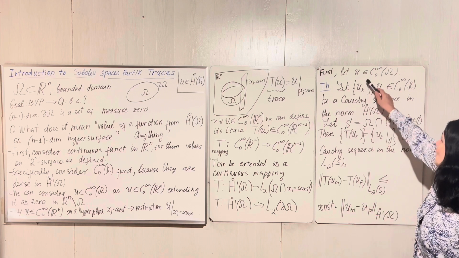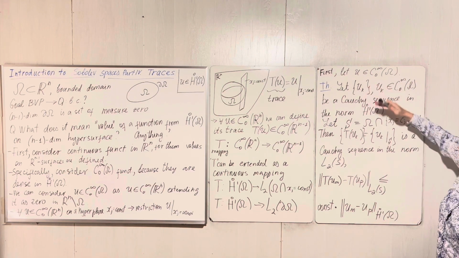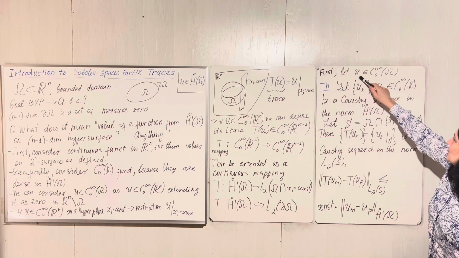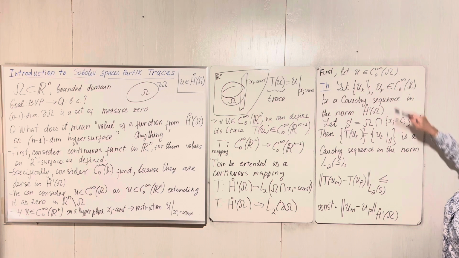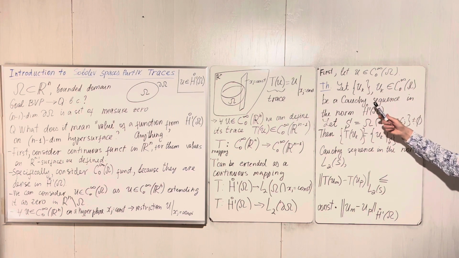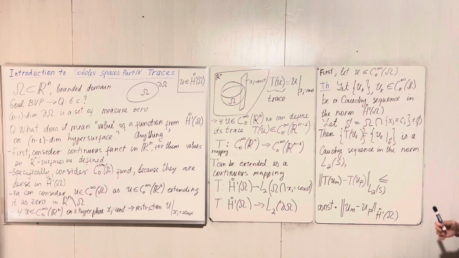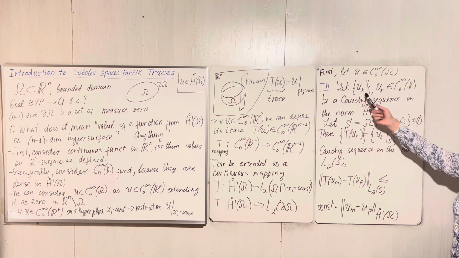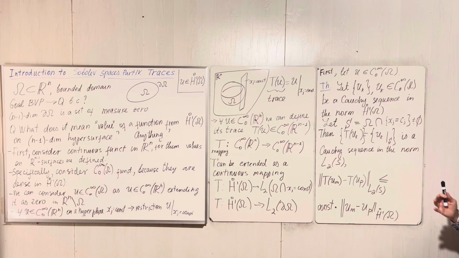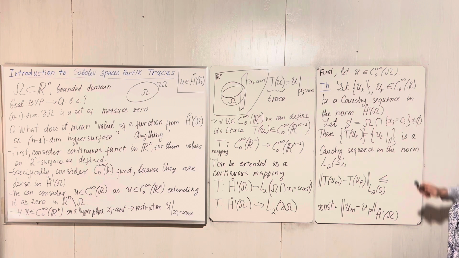But first, let's still talk about continuous functions. Our first theorem will be formulated for these continuous functions. Assume that we have u_k, a sequence in C0 infinity, and u_k is a Cauchy sequence in the norm H10.